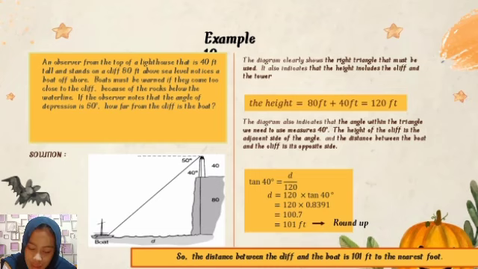So, tangent 40 degrees equals D over 120. D equals 120 times tangent 40 degrees.